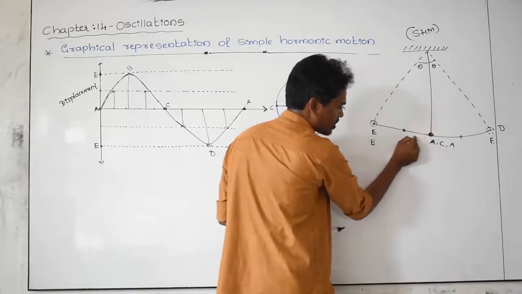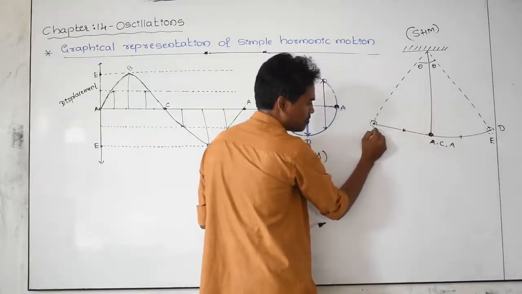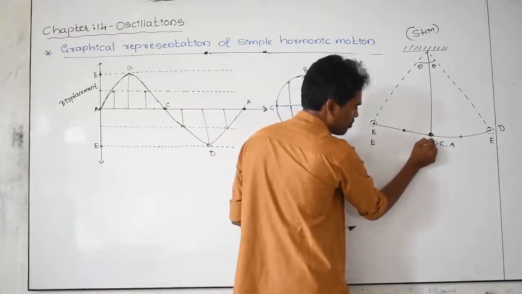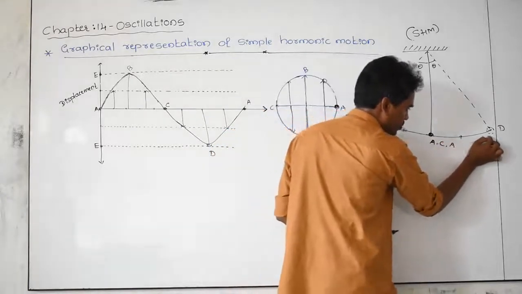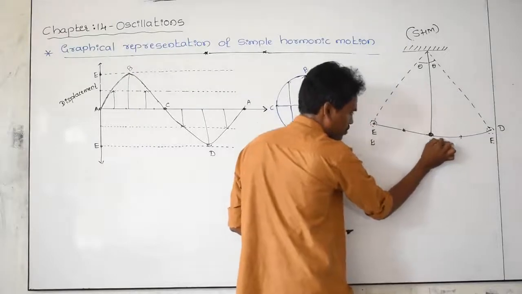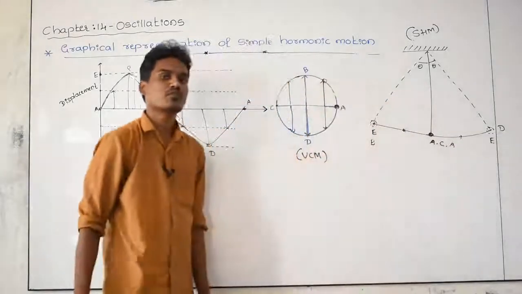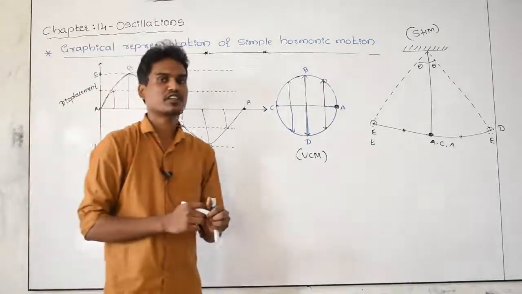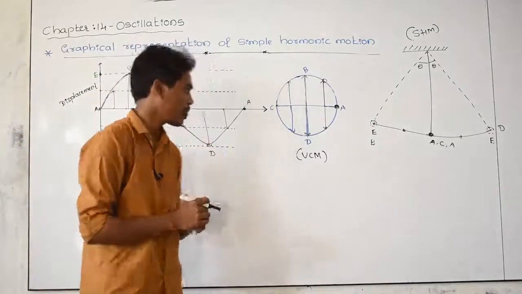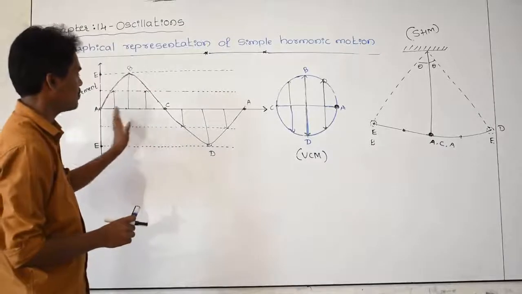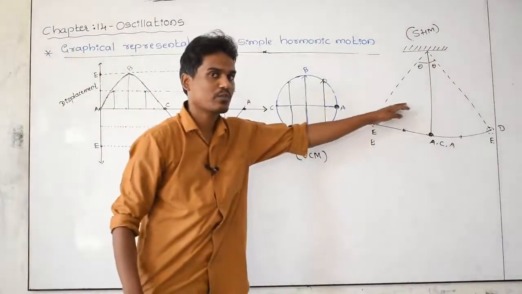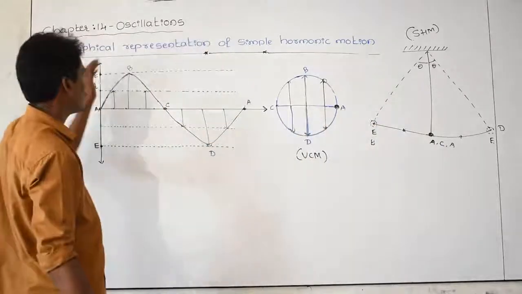Displacement increases, becomes maximum, decreases, becomes 0. At mean position displacement is always 0. At extreme position the displacement becomes maximum. And the nature of a simple harmonic motion we can represent graphically by using a sine curve.